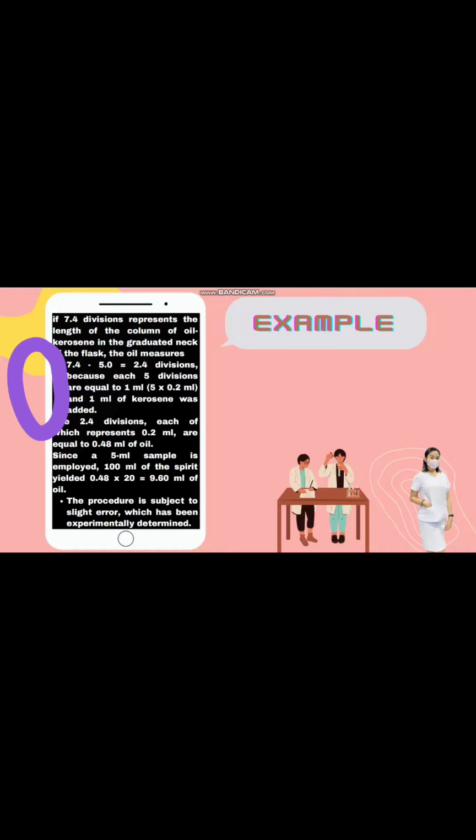Each 5 divisions are equal to 1 ml, because 5 divisions multiplied by 0.2 ml is in the procedure earlier. The 2.4 divisions, each represents 0.2 ml. So, 2.4 times 0.2 is equal to 0.48 ml of oil.